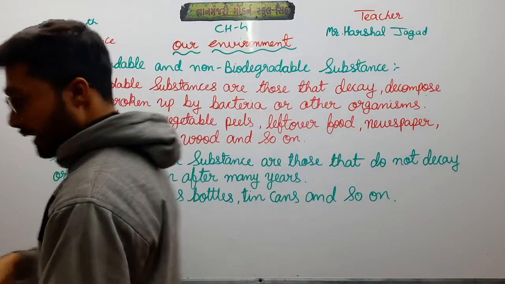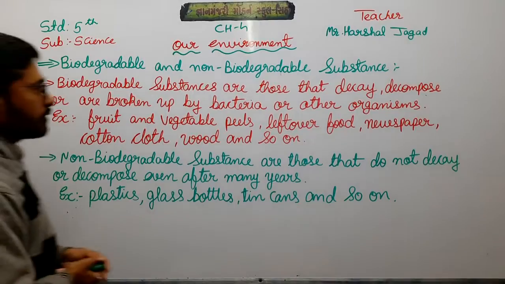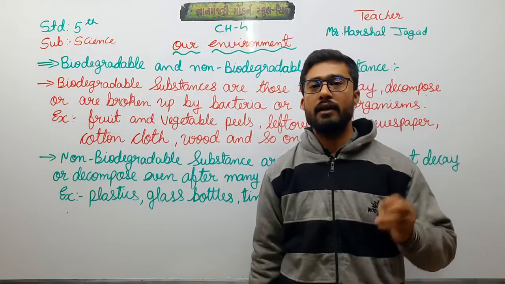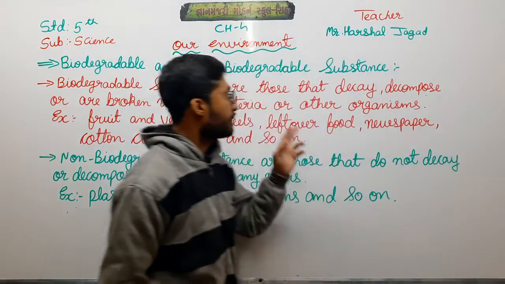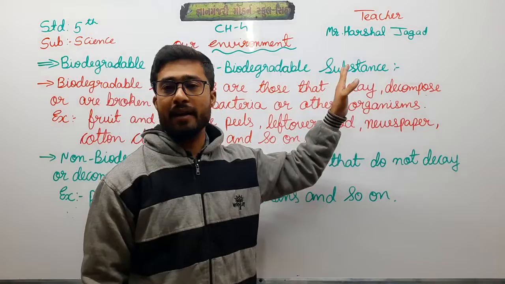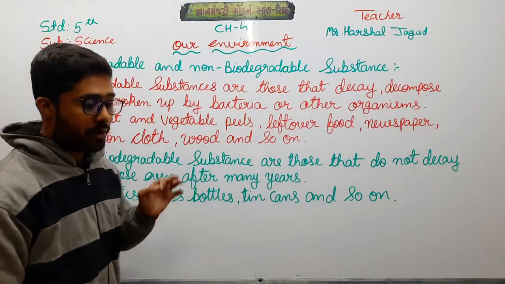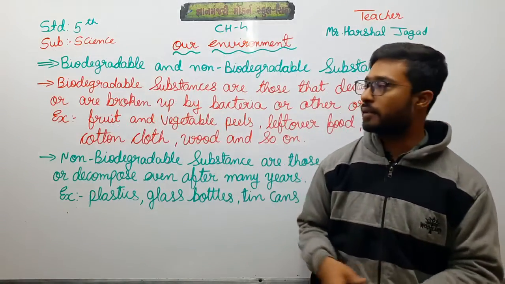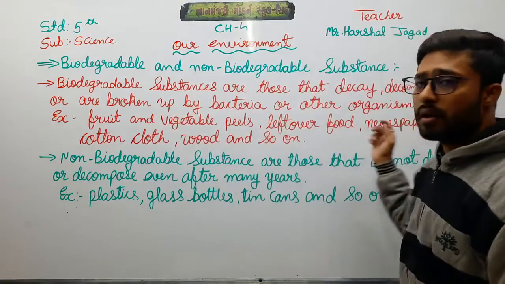Okay, so here it is biodegradable and non-biodegradable things. First of all, biodegradable things. What are the biodegradable things? The things which can decay and decompose are known as biodegradable substances, and they are decayed by bacteria or other organisms.